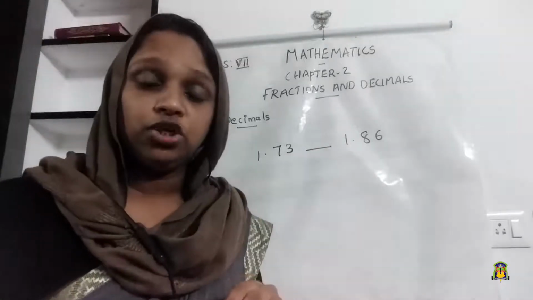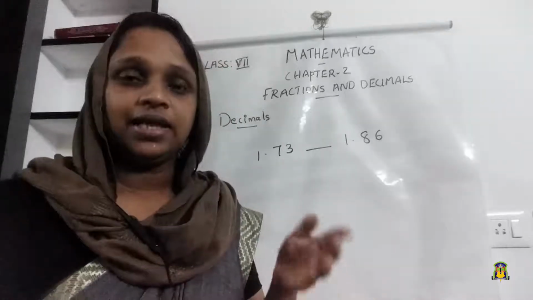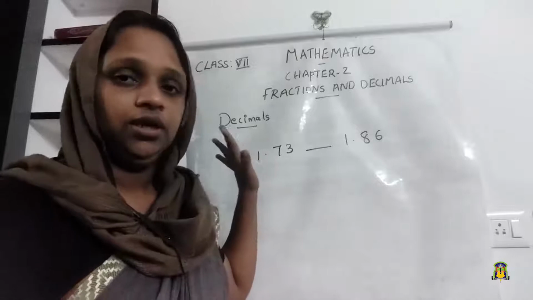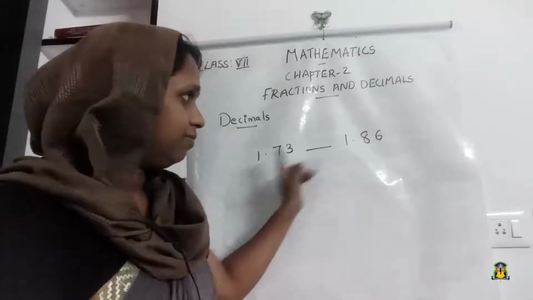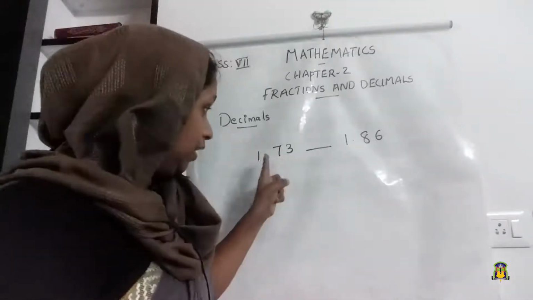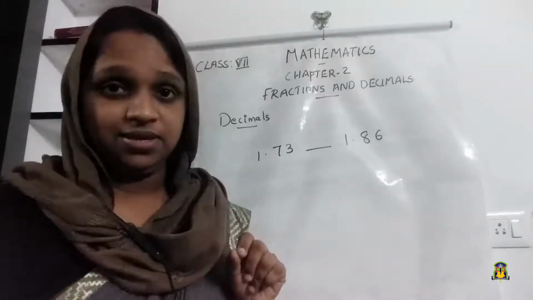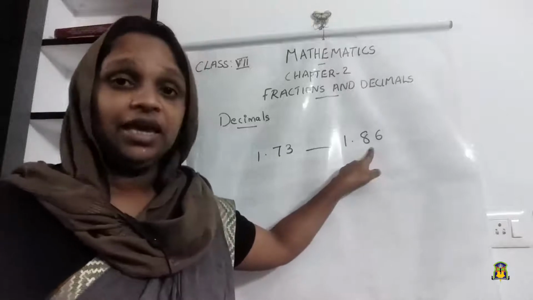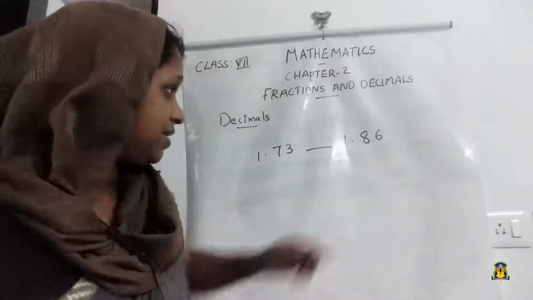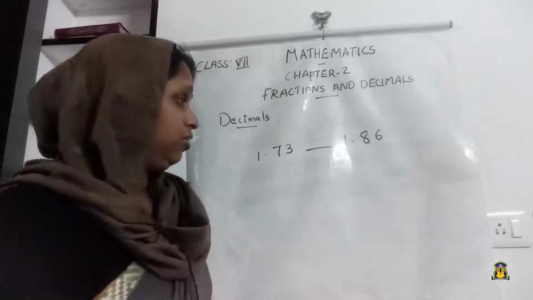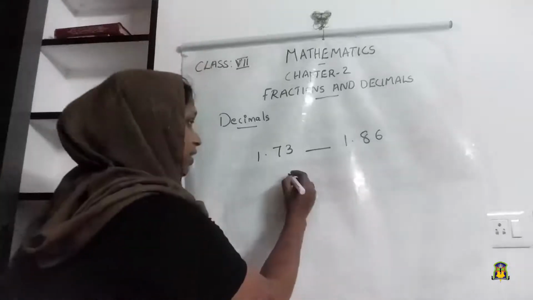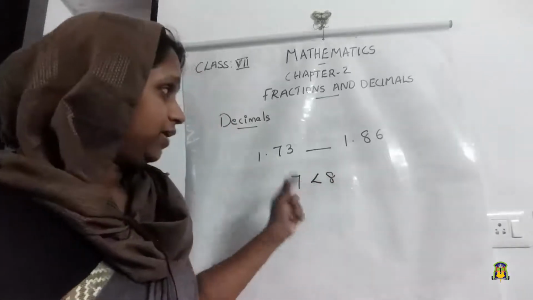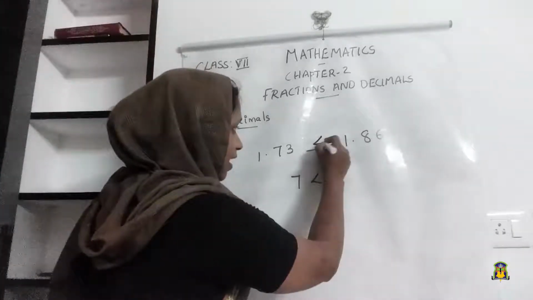Then we move on to the next place, which is only the ones place, and that is equal. Then we go on to the tenths place. Here it is 7, and here it is 8. Which is greater? Yes, 8 is greater, so 7 is less than 8. So we can write that this decimal number is less than this.